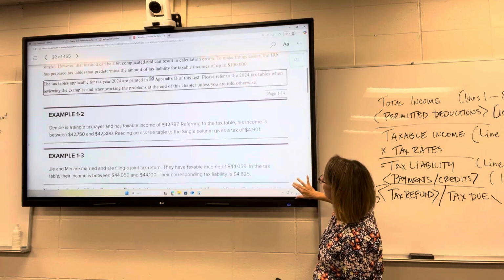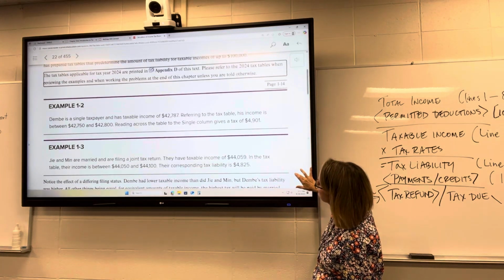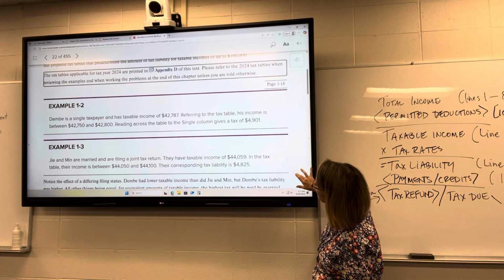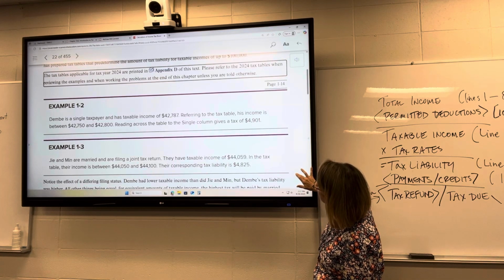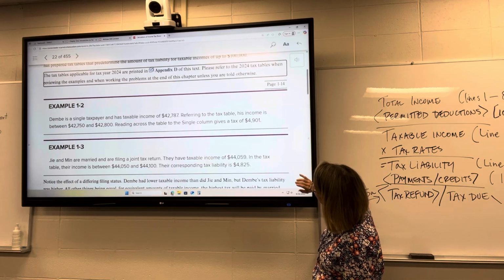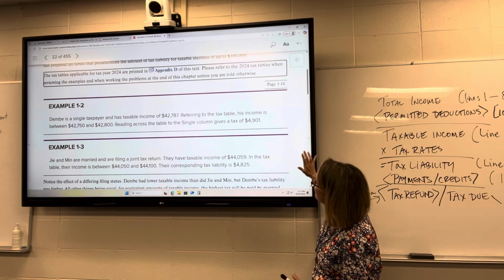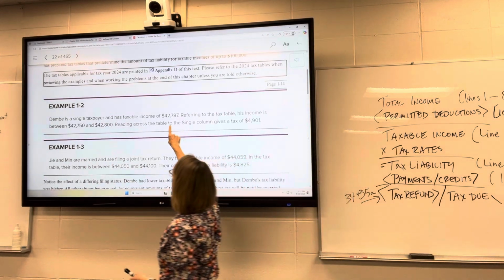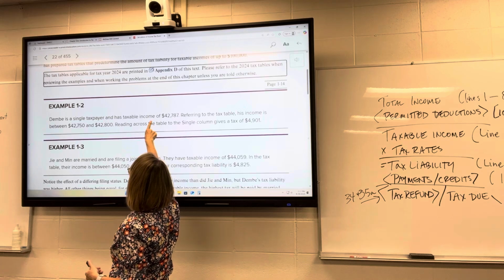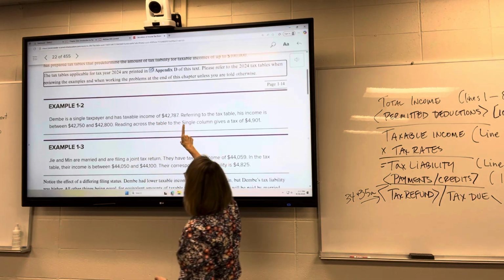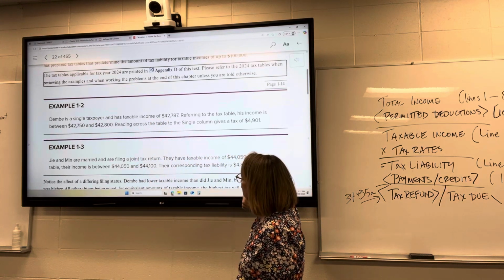So, they do point out here, notice single, married, tax liability. It's not actually that different. Well, you can kind of see here. So this is a single taxpayer. Income is $42,787.